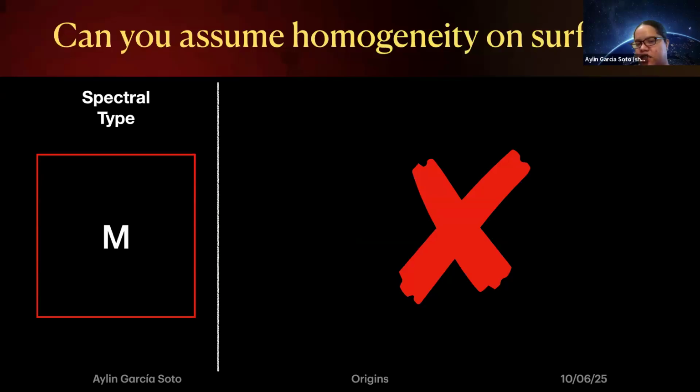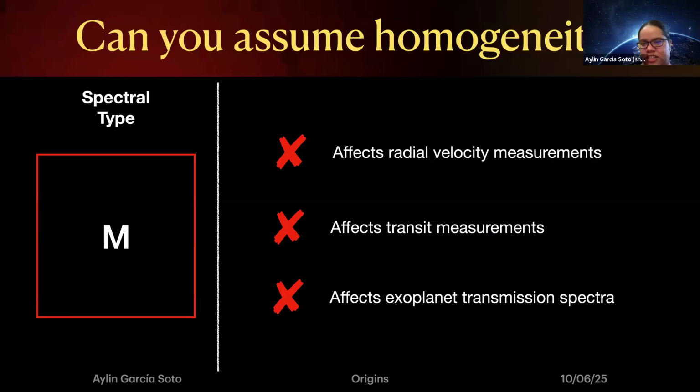You cannot assume homogeneity on the surface of a star, and because of that you get a lot of extra negatives. It affects radial velocity measurements, transit measurements, and exoplanet transmission spectra. Emphasis on the last one.